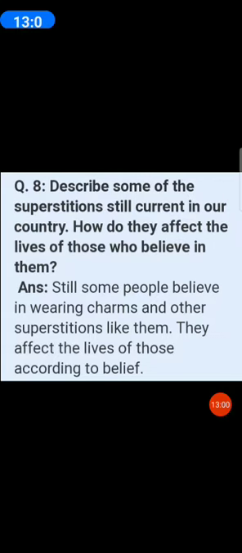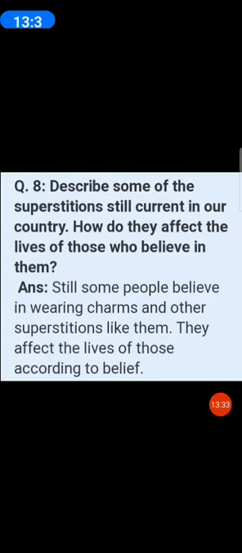Charms, as we have read in the text, is some kind of belief according to which some people used to wear a band of cloth or a band of thread around their neck or around their wrists, which is believed to have some magical powers or magical effects.